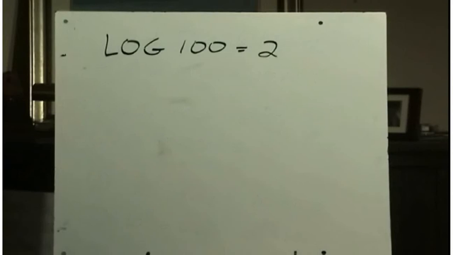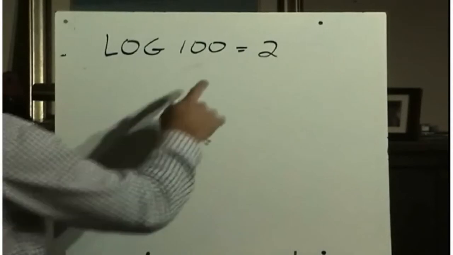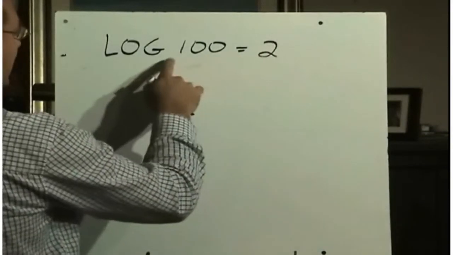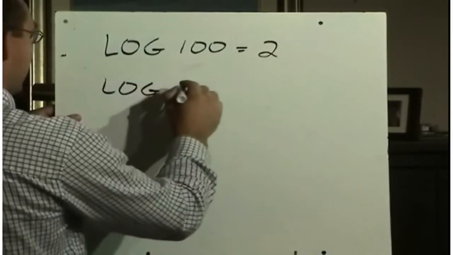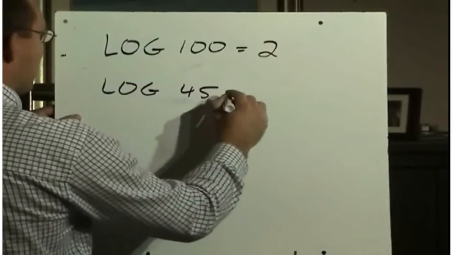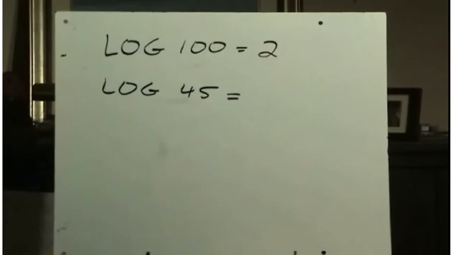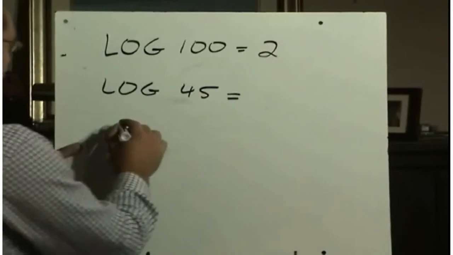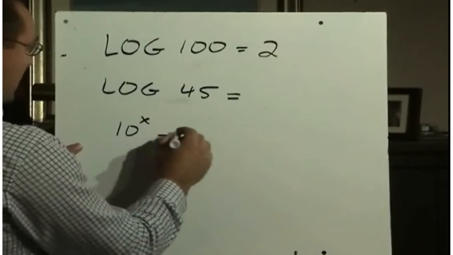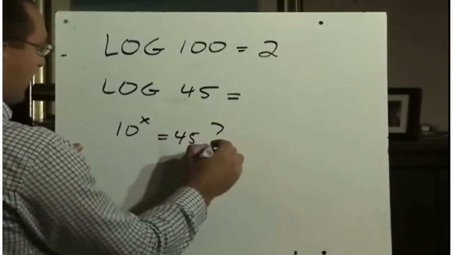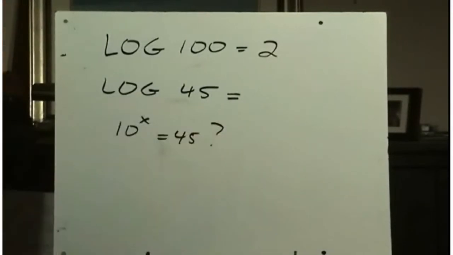So we already know that log 100 is 2, because 10 squared is 100. What if we had to figure out what the log of 45 is? Well, we'd be asking ourselves, what is the exponent on 10? What power of 10 would be equal to 45? That's what this question is asking.